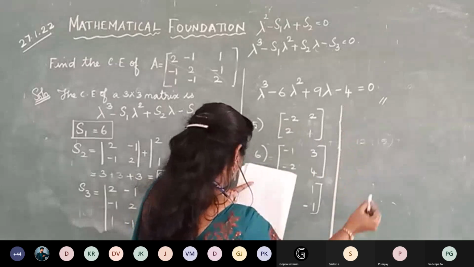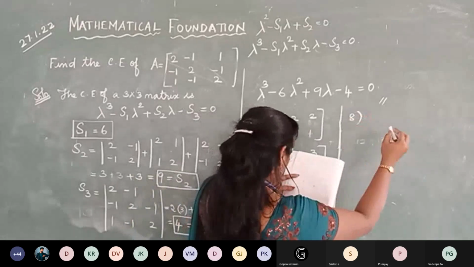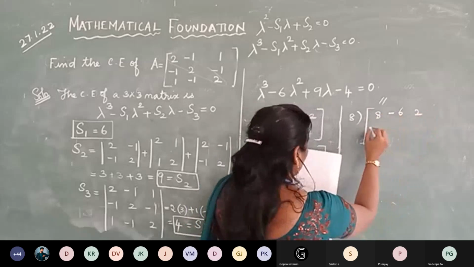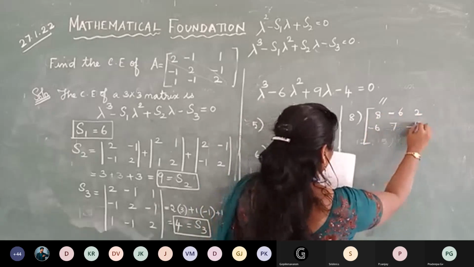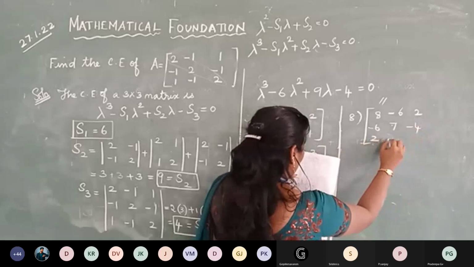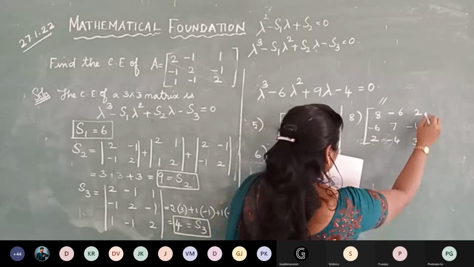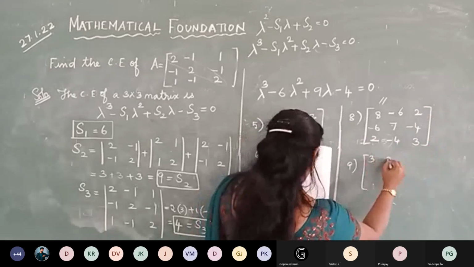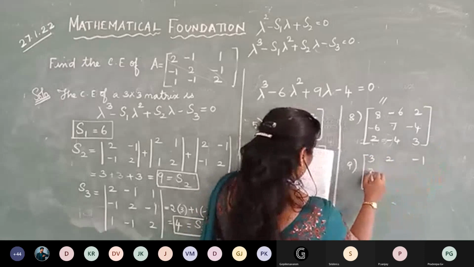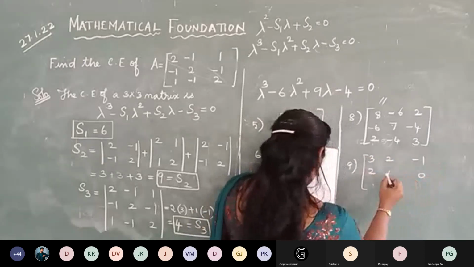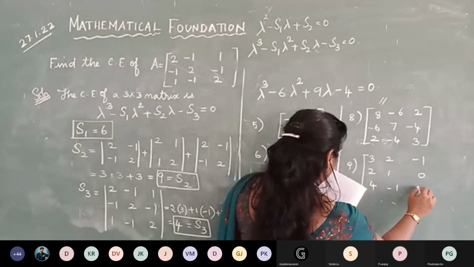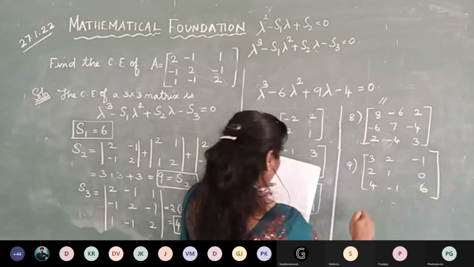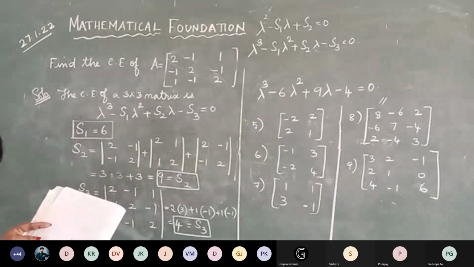And then I will give you 2 problems in 3 cross 3 also. 8, minus 6, 2, minus 6, 7, minus 4, 2, minus 4, 3. And ninth one, 3, 2, minus 1, 2, 1, 0, 4, minus 1, 6.